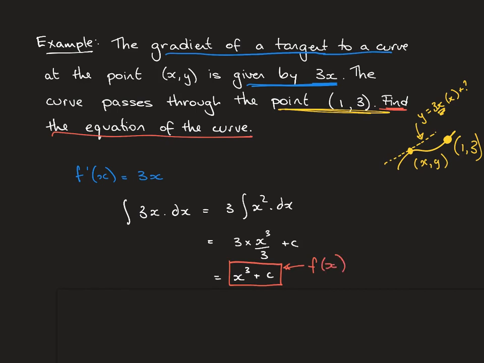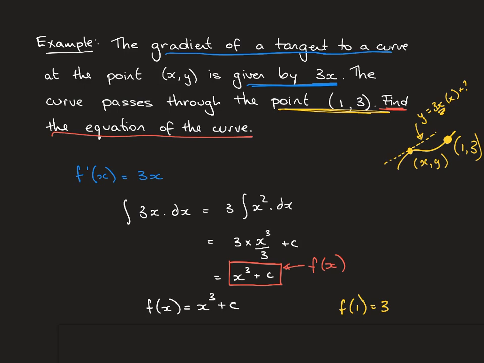And so we know that the point 1, 3 is on the curve, so when x is equal to 1, f of 1 is worth 3. The y value is 3. When you substitute 1 into the formula, you get an answer of 3, which is the y value.